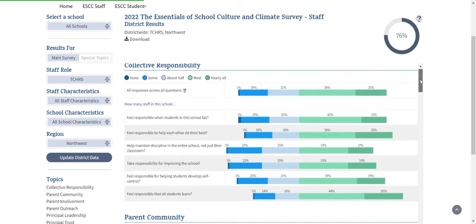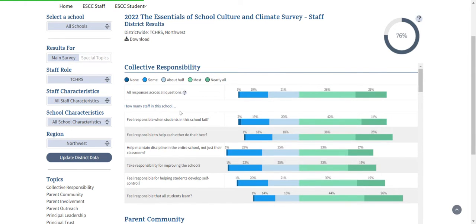The way these results are presented, it shows you the percentage of, in this case, teachers who responded to each question in each way. So in collective responsibility, the options that teachers had to choose from for how many staff in the school were either none, some, about half, most, or nearly all. How many staff in the school feel responsible when students in the school fail.